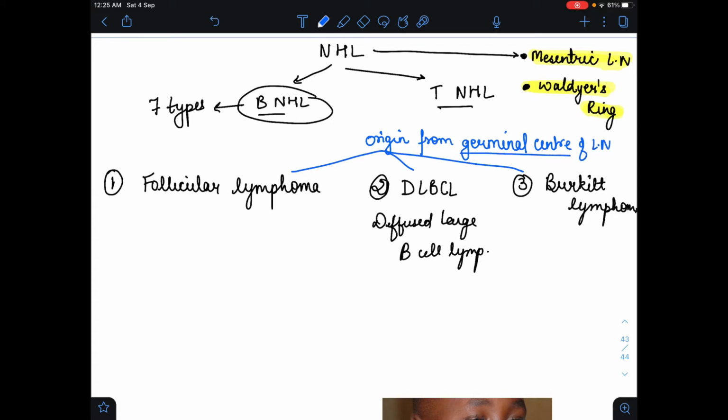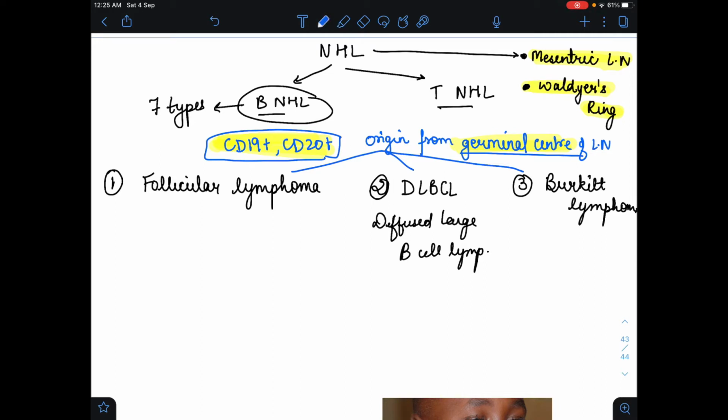And in all these three we have the common markers, CD19 positive and CD20 positive. CD19 and CD20 markers are positive in follicular lymphoma, DLBCL and Burkitt lymphoma, and these three originate from the germinal centers of the lymph node.